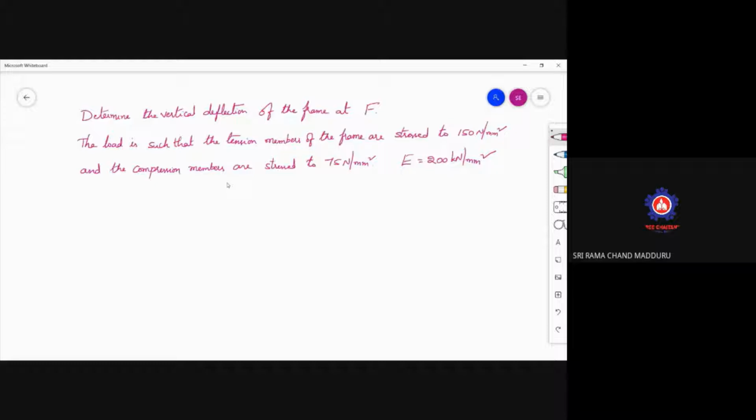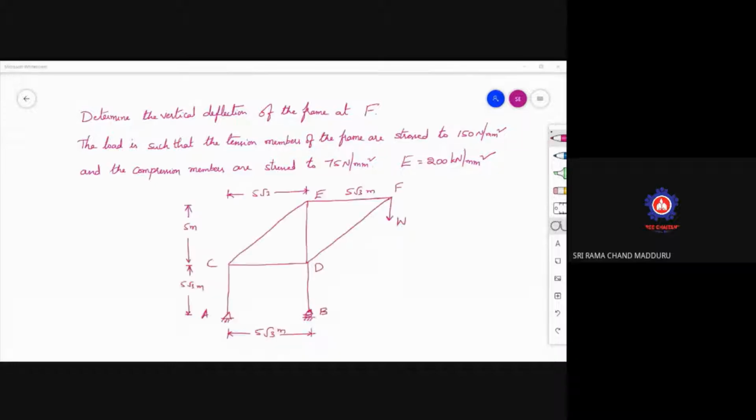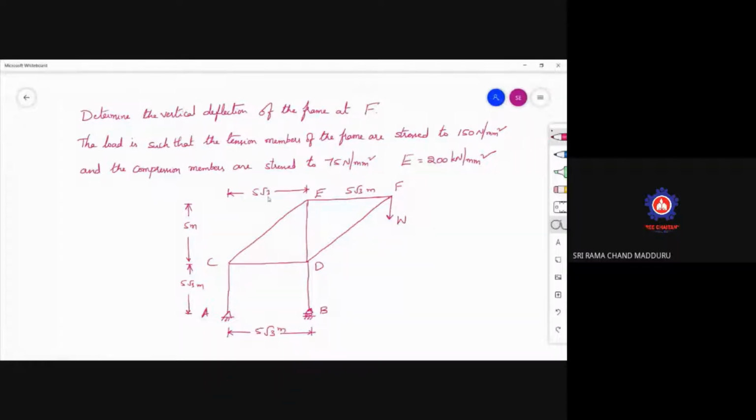They are asking us to calculate the vertical deflection of the frame at F. Here what is given in the question? The load is such that the tension members of the frame are stressed to 150 Newton per mm square, and the compression members are stressed to 75 Newton per mm square.